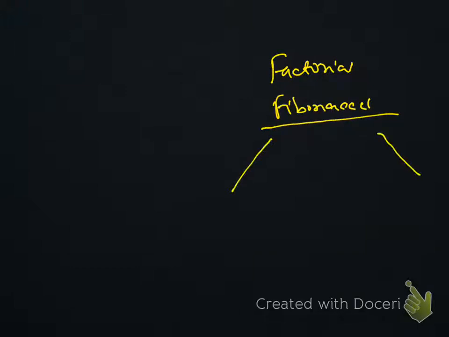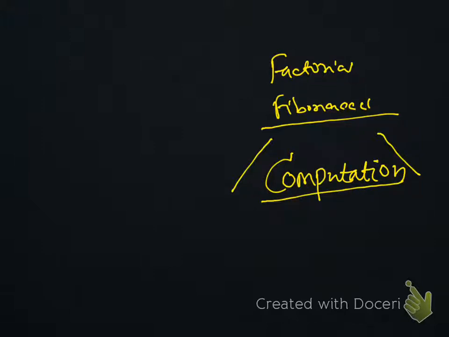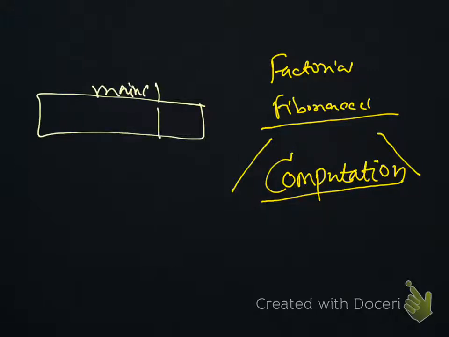If we recall some of the programs we have done in C, probably the factorial of a number or finding the Fibonacci series, most of them placed their emphasis on what we call computation. We were mostly solving computational problems using C, and how it worked was you had a main function which had certain local variables and some global variables, and then a lot of other functions in your program.